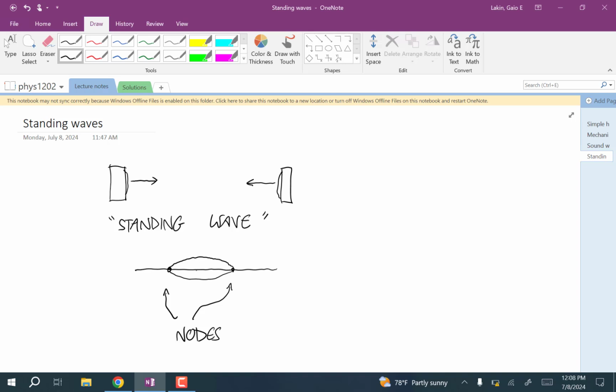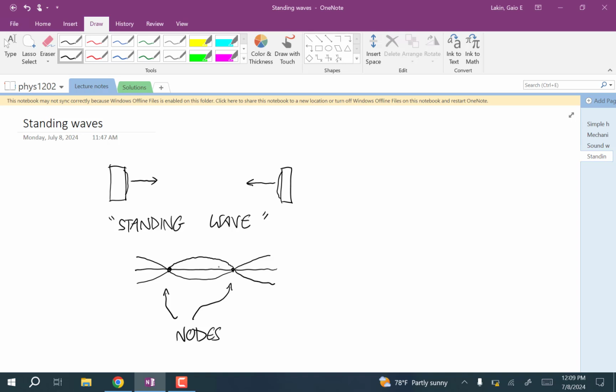You can think of it as it moves sort of like a jump rope up and down. And then at the nodes, it doesn't move at all. So what we're talking about here is, in this case, you can think of the displacement of air molecules at a single instant.